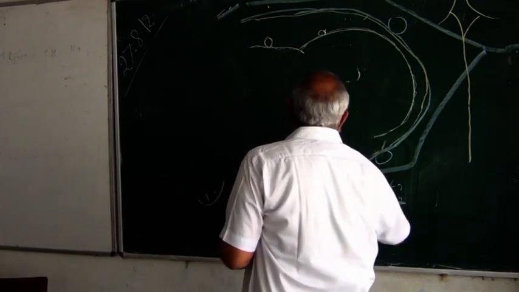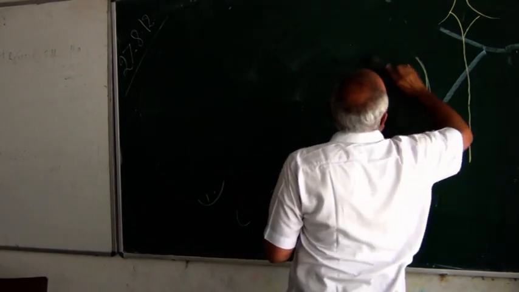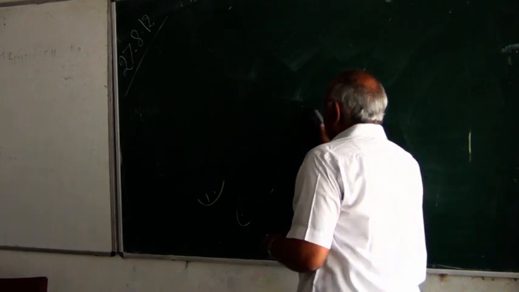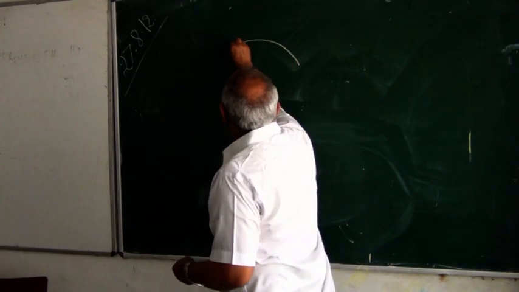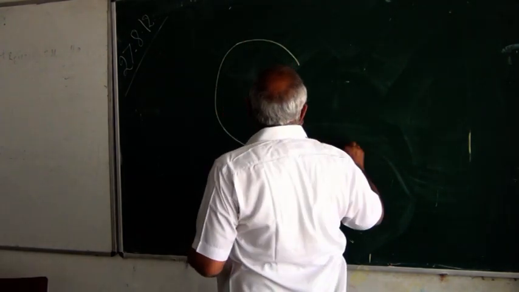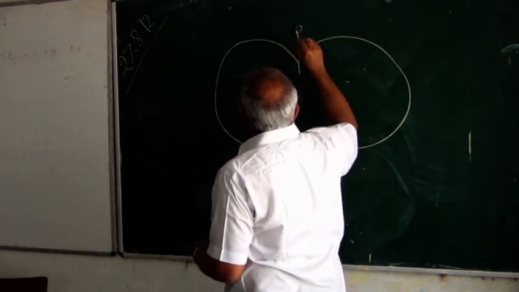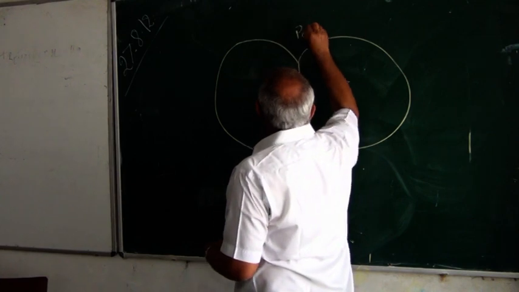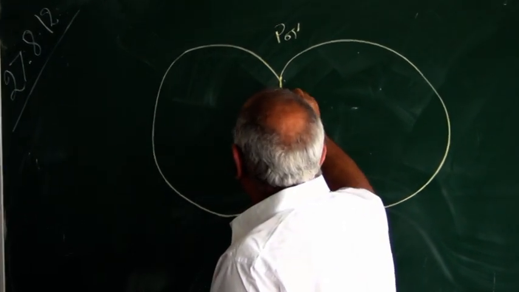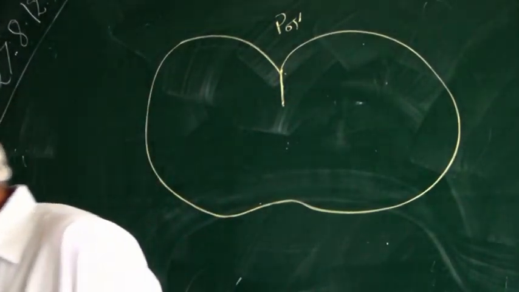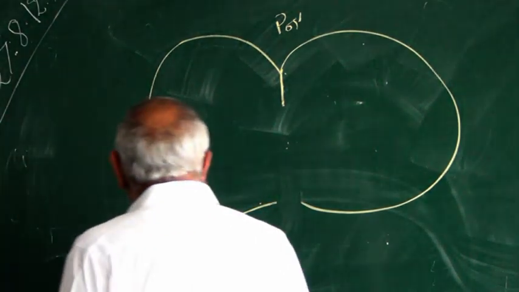Now if you go inside the spinal cord, you find this is the posterior side, and anteriorly there is the sulcus. Posteriorly it is divided by a septum and anteriorly there is a sulcus, a fissure you can say.